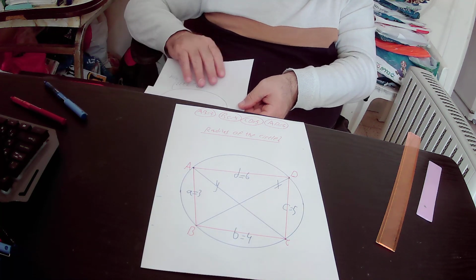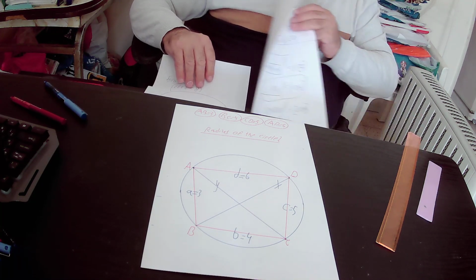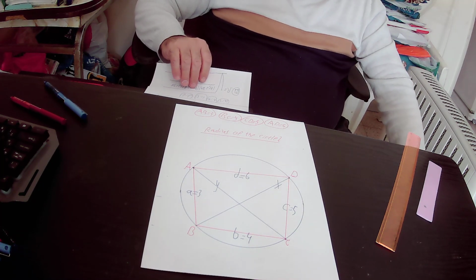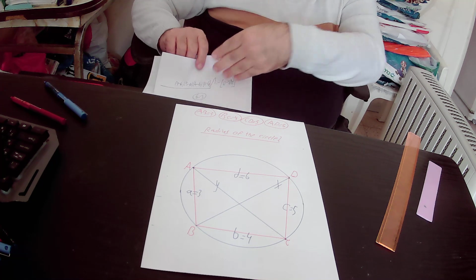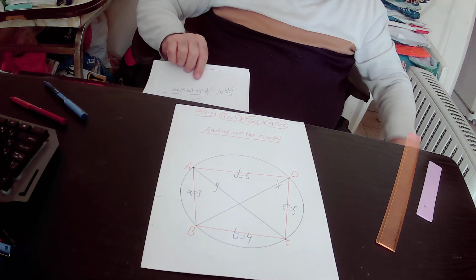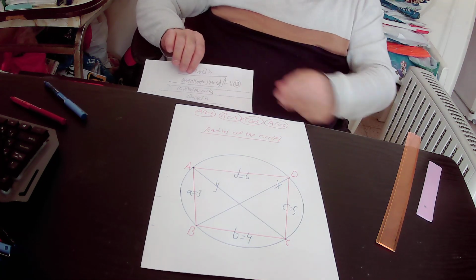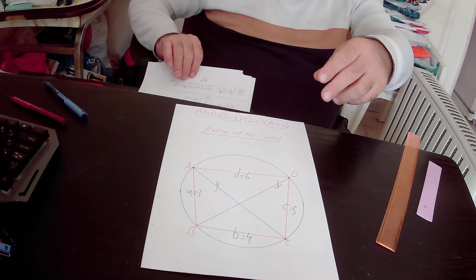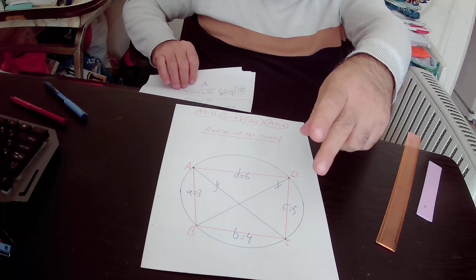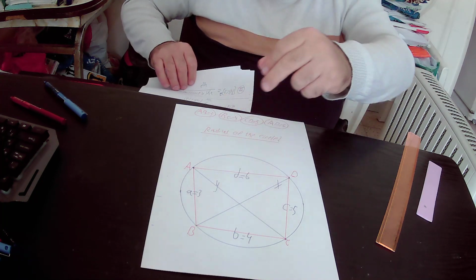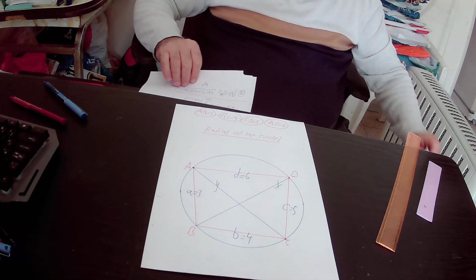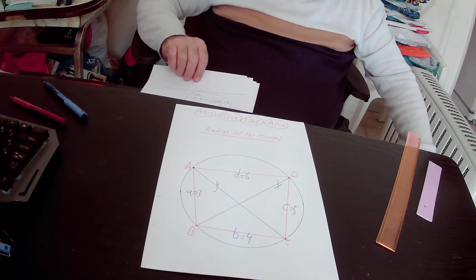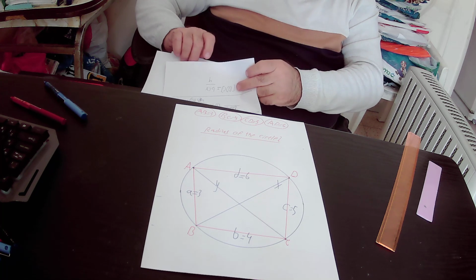Now I will summarize the lecture. Actually, we wanted to find out the radius of this circle. Inside this circle we have quadrilateral ABCD, and we know that AB equals 3 units, so we defined AB as A, and so A will be equal to 3 units.